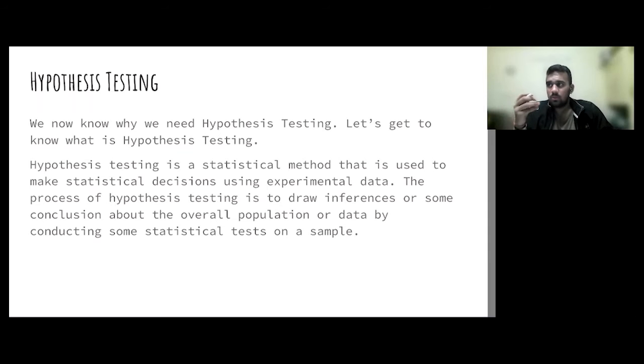Given any hypothesis, if we need to know how true it is, or the confidence level of the given hypothesis, we employ certain statistical methods or testing techniques to garner some statistical decisions, or basically scientific inferences, from the given experimental data. Usually this experimental data is gathered from a very specific or small subset of the whole population. As we go on, I will give you certain examples where hypothesis testing plays a pivotal role, and then we'll be able to understand it more clearly.